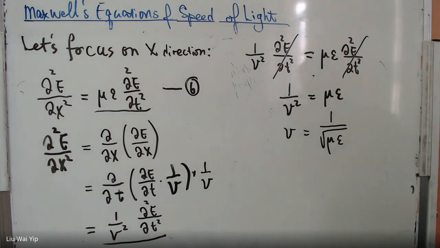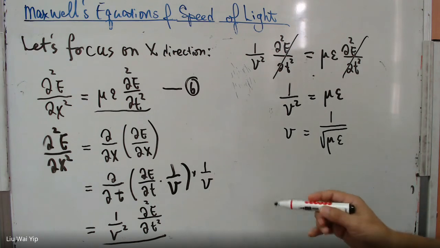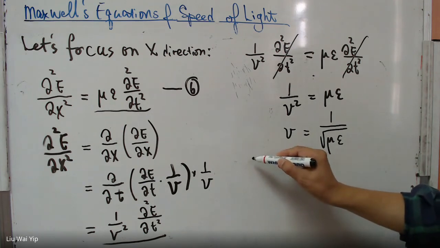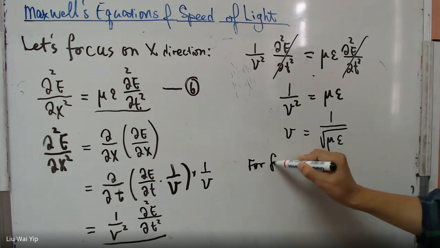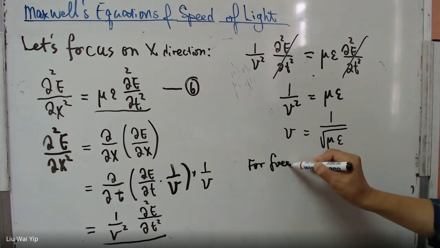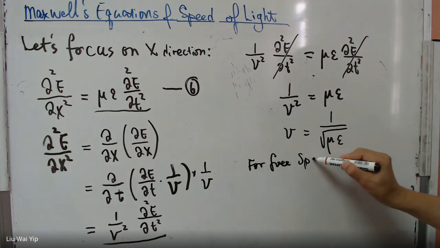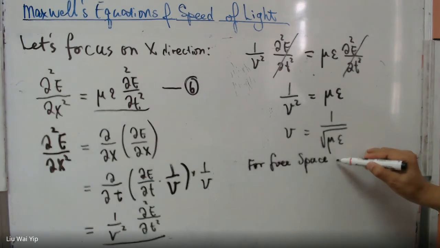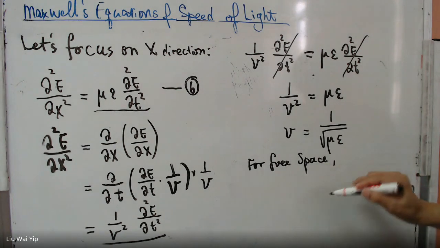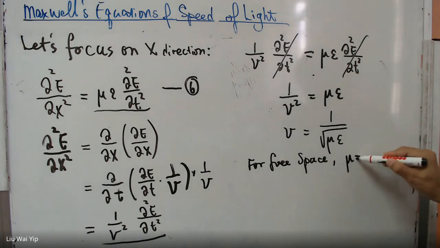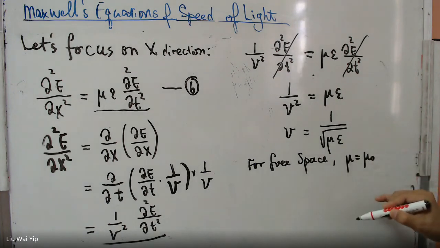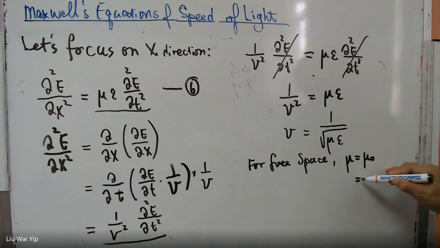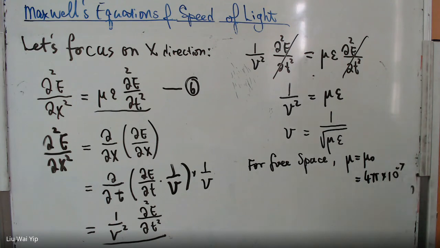For instance, if you are dealing with free space, mu is equal to mu naught. Mu naught is equal to 4 pi times 10 to the minus 7.